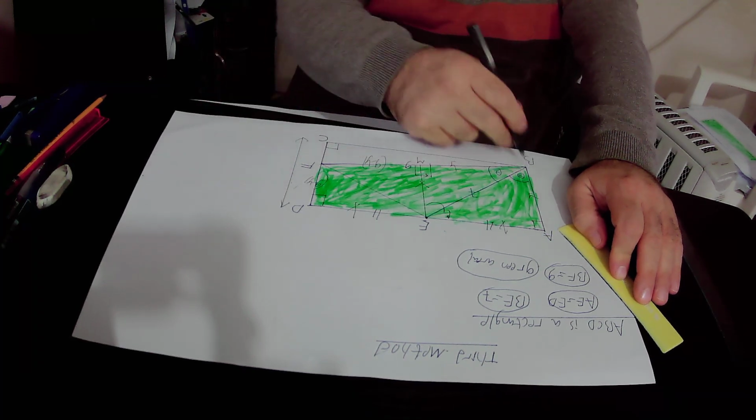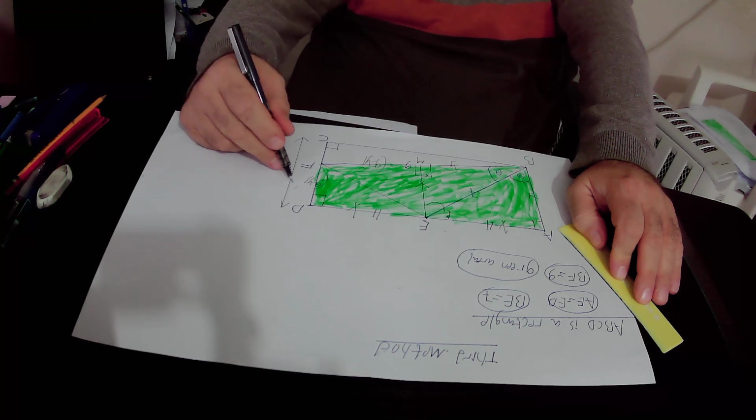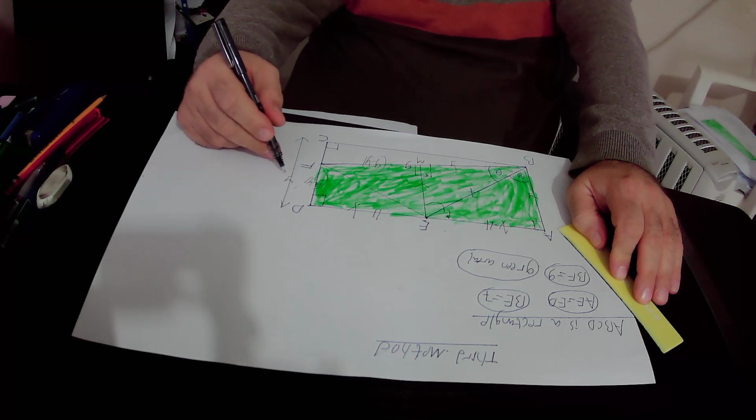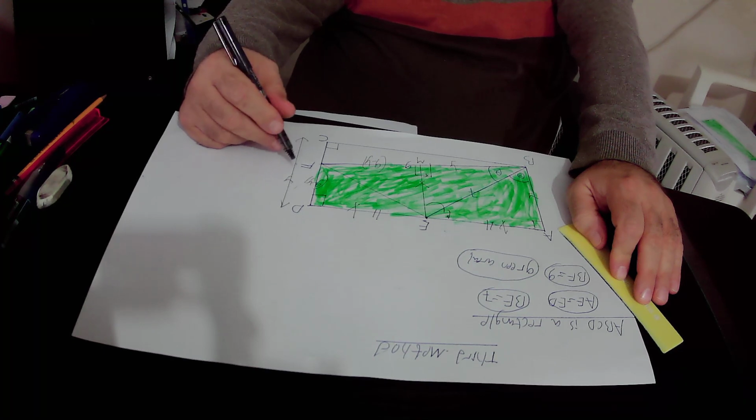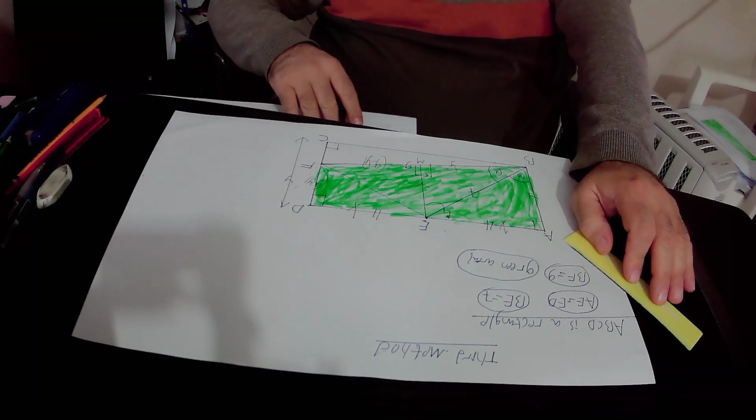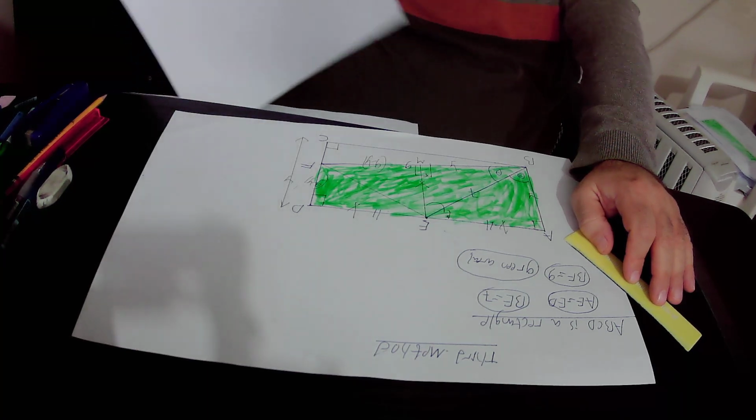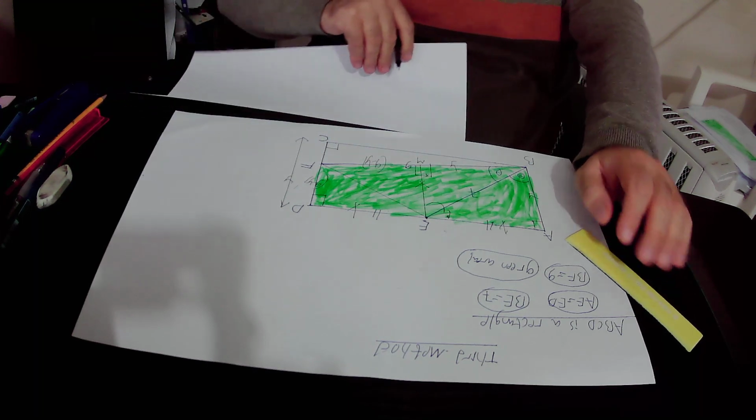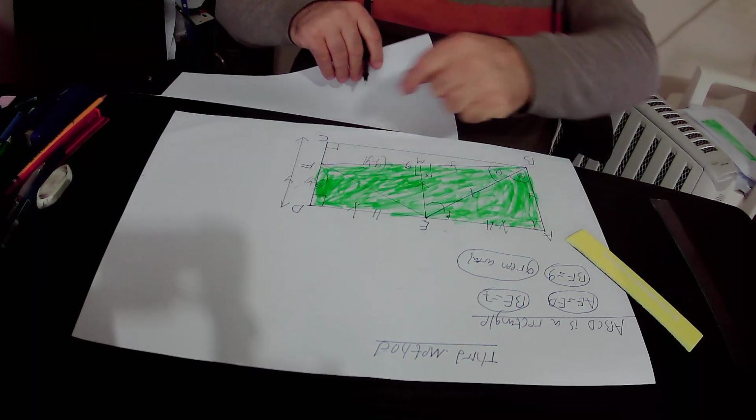And if AB equals y, then DC will also equal y. And FC equals DC minus DF.